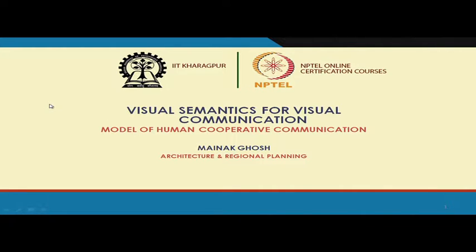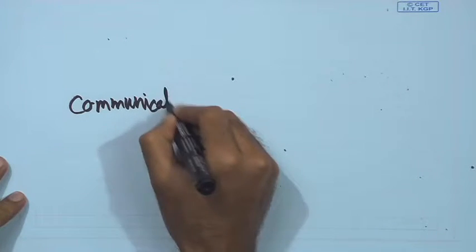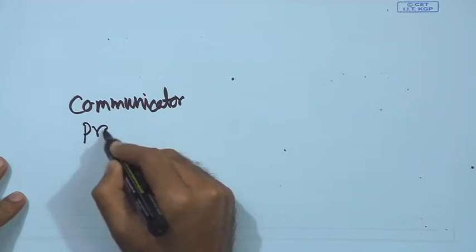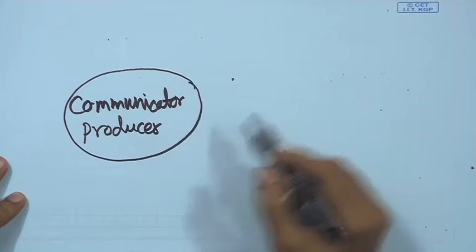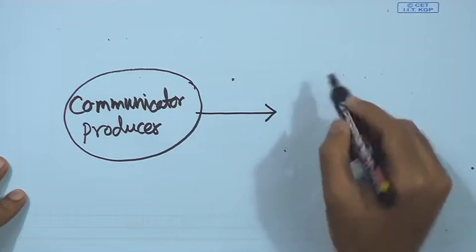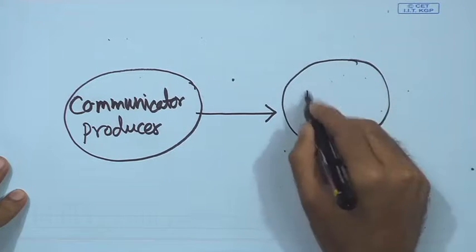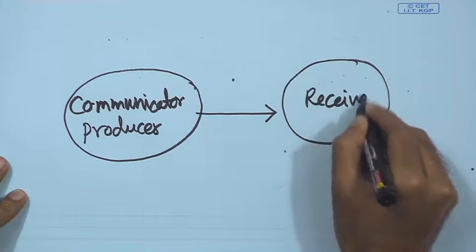So, if you remember, in the first lecture we talked about there is a communicator or the producer of a particular information, and then that is being received by a receiver.